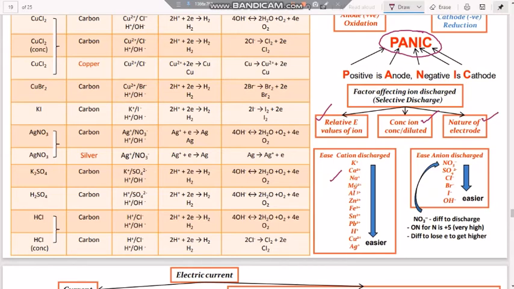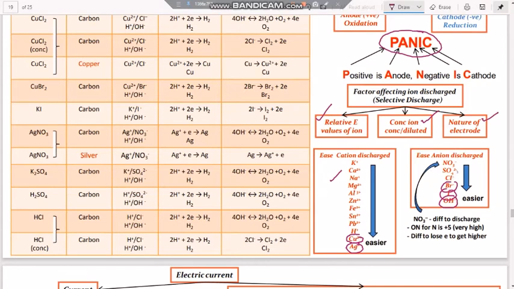and non-reactive metals. See, potassium cannot be easily discharged, but silver easily gets discharged. If you take copper, it is easily discharged. While for anions, the ones that get easily discharged are OH minus, I minus, Br minus, like that.